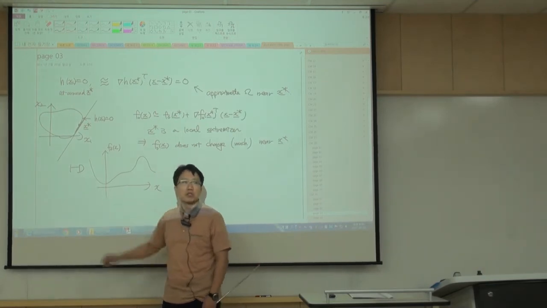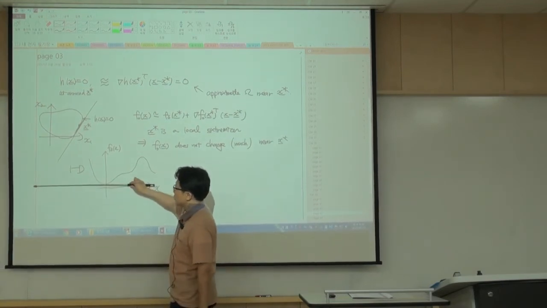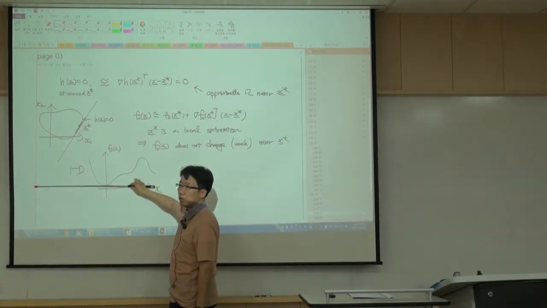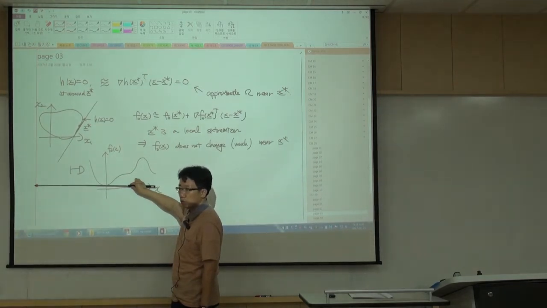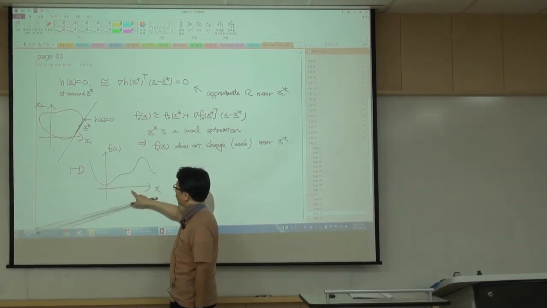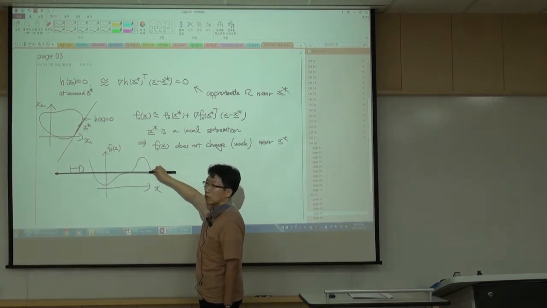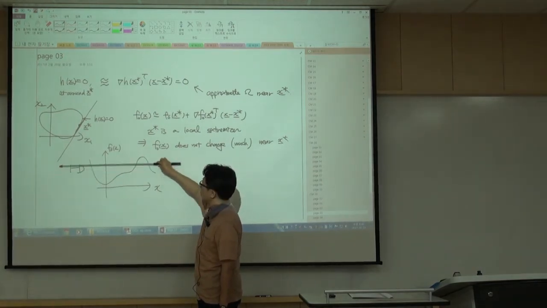Much is kind of vague, but since the function is differentiable, and its derivative here is 0, this satisfies the definition of local extremizer. I also claim that here, this is a local extremizer because the slope is 0. And same.